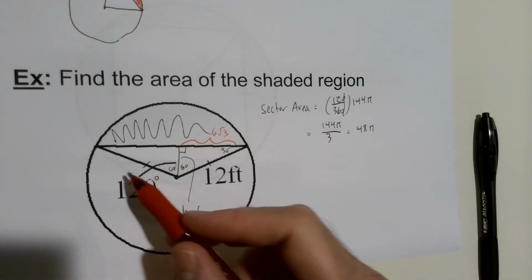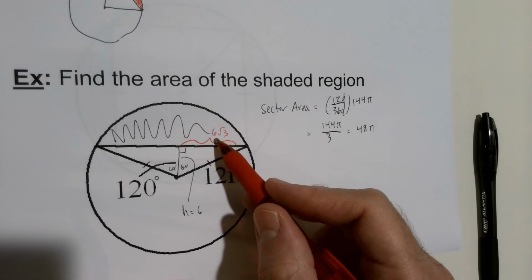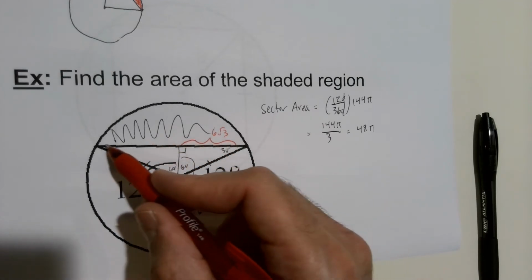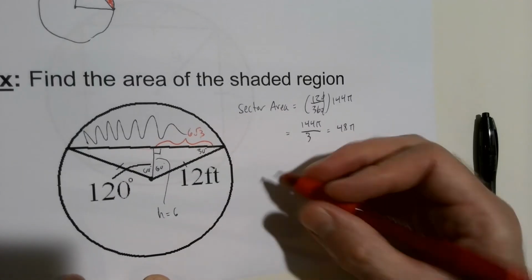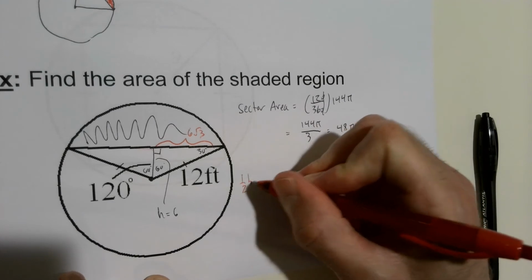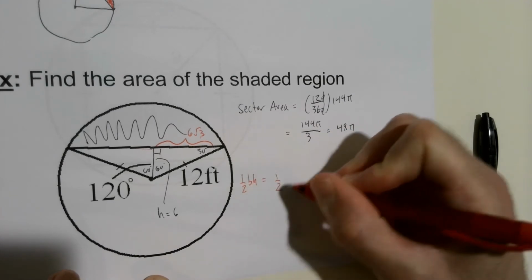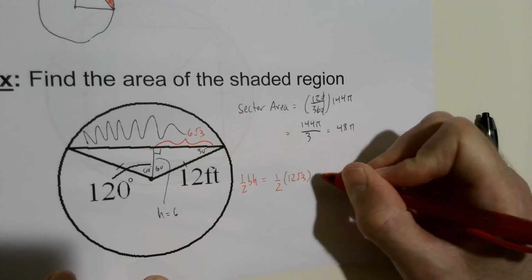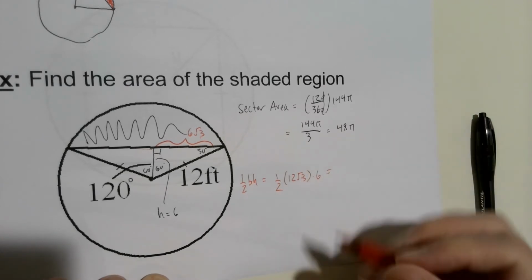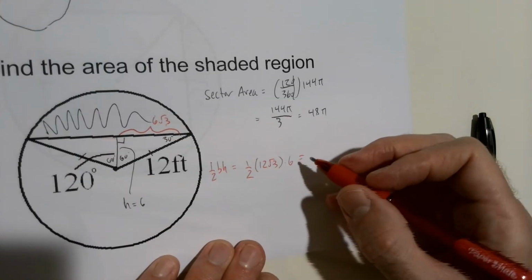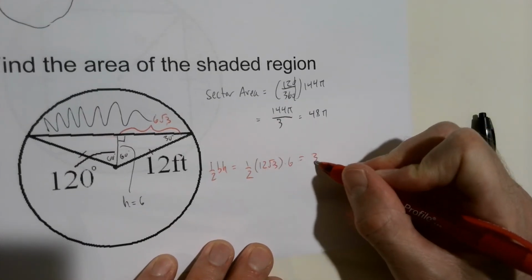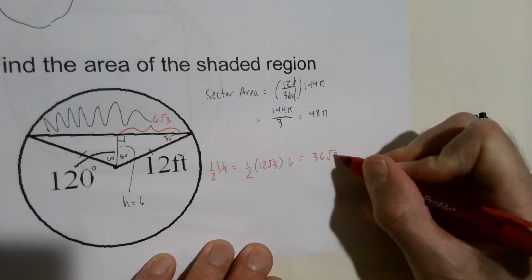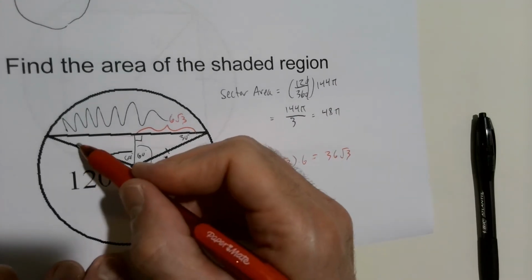That's going to tell you that the base is 12 square root 3 because you have another 6 square root of 3 over here. So 1/2 base times height equals half 12 square root 3 times height of 6. And let's see, if we reduce that as much as possible, that's going to be 36 square root of 3. Okay, so that's taking care of our triangle.